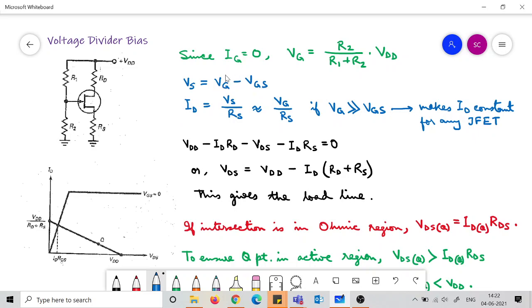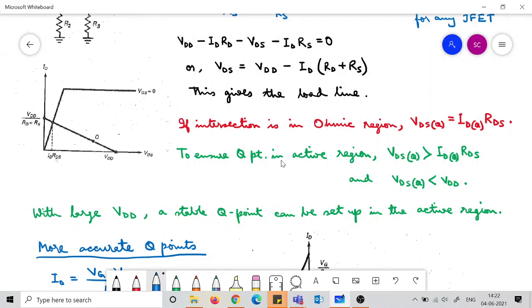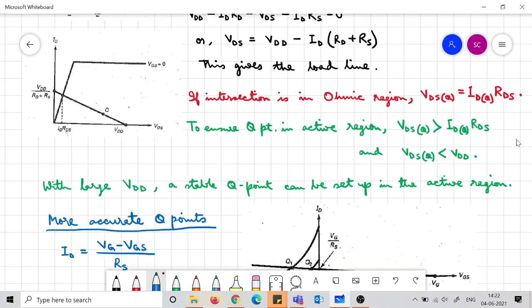If we want to keep VG very high, only because we want to neglect this effect of VGS, we have to keep VDD very high. So again, you can see in these two equations also, the important fact was that we need to maintain VDD high. Here also we need to maintain VDD high in order to set up the Q point in the active region.